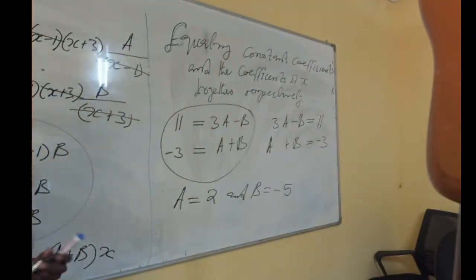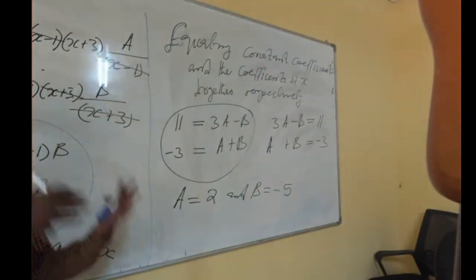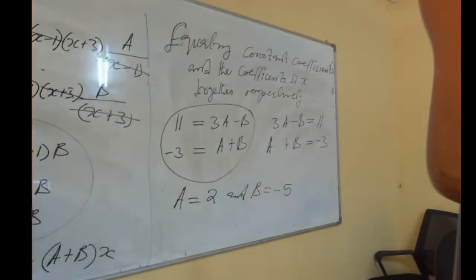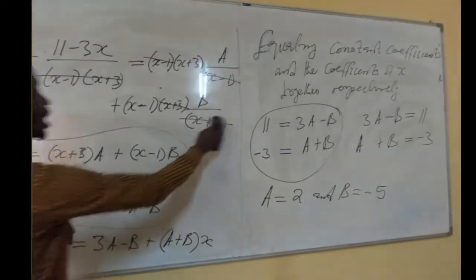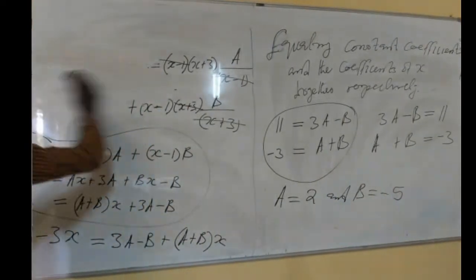So then, after you have found a and b, this means wherever there is a or b in the expression that we wrote, we substitute, so what you're going to get now is this.